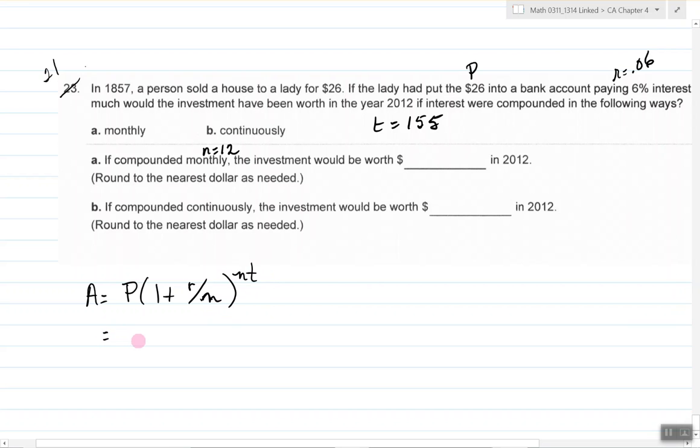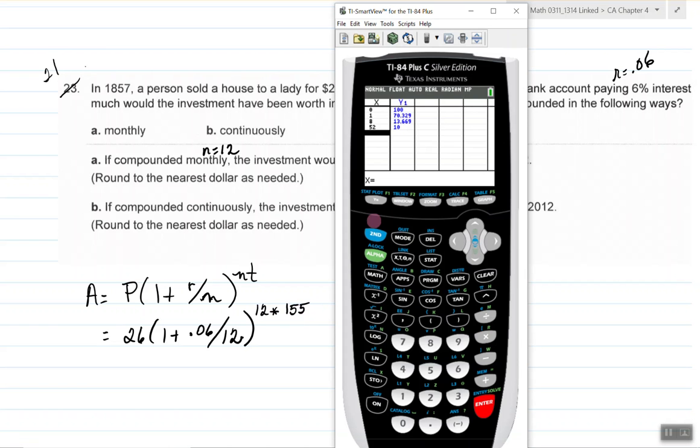So this will be $26, 1 plus the interest rate 0.06 divided by, if it's monthly, that's 12 times a year, to the 12 times, now what's going to make this be drastic is 155 years. So let's see.